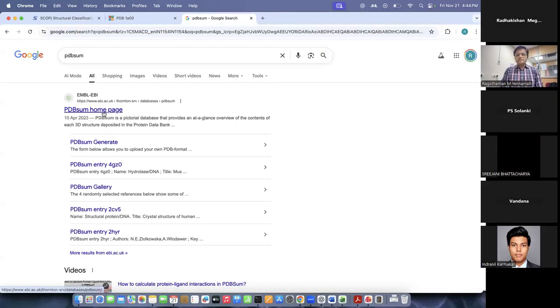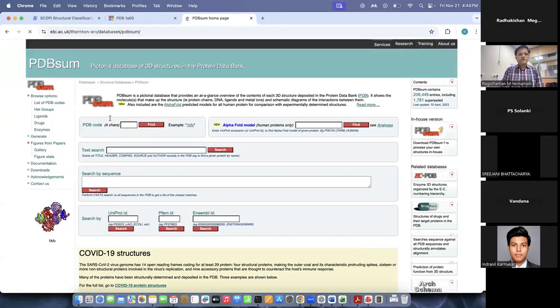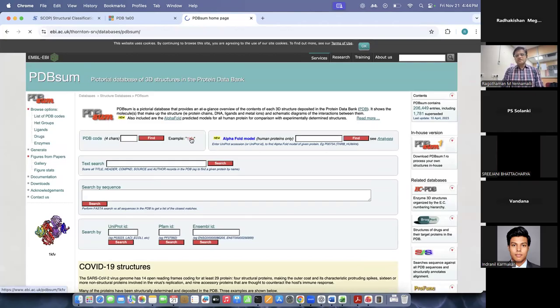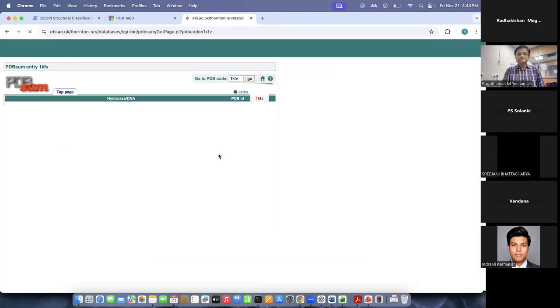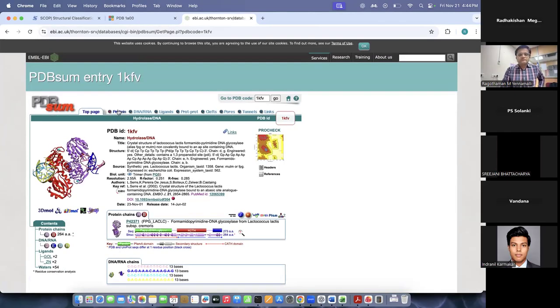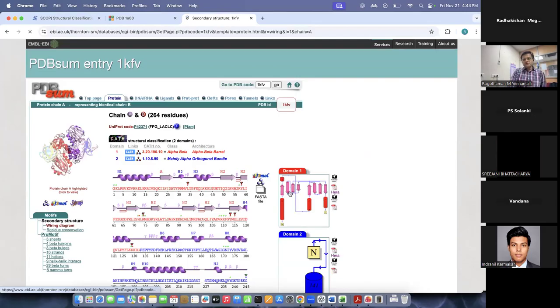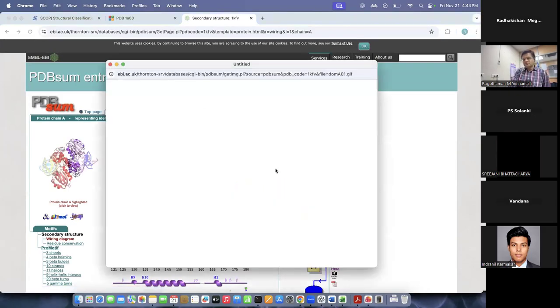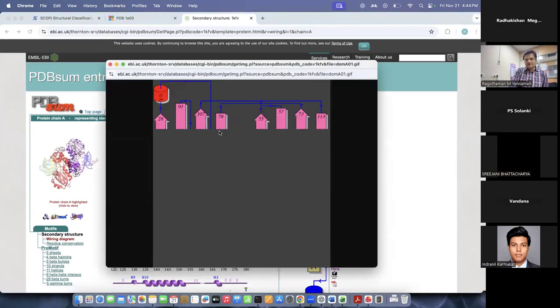You can go to PDBsum. I'll show you what I'm talking about. Let us say this particular protein, 1KFV. If you click on the protein, you will see the topology of that particular protein, the topology diagram.